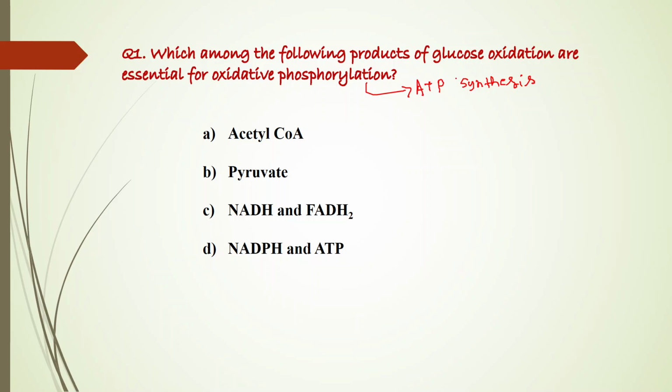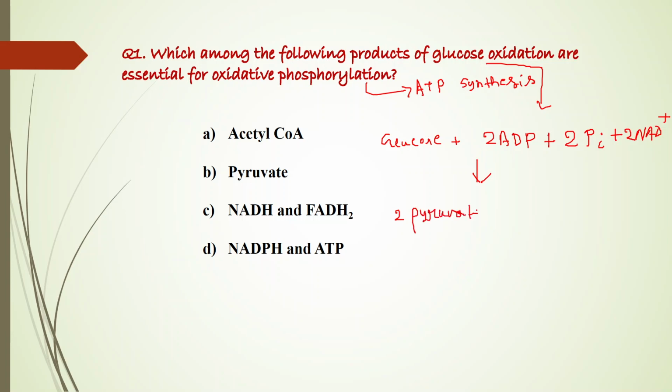So what is glucose oxidation? Let me write it down. So we have it here. We have our glucose that reacts with 2 moles of ADP and 2 inorganic phosphate with the help of NAD plus, and you end up with 2 pyruvate molecules, and in the process ATP gets synthesized followed by 2 NADH.